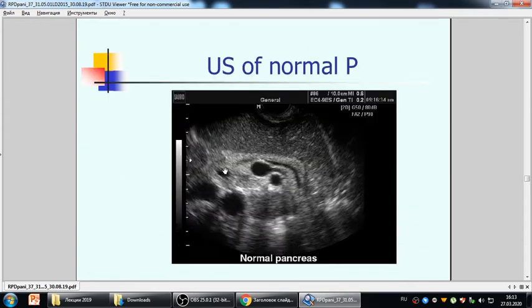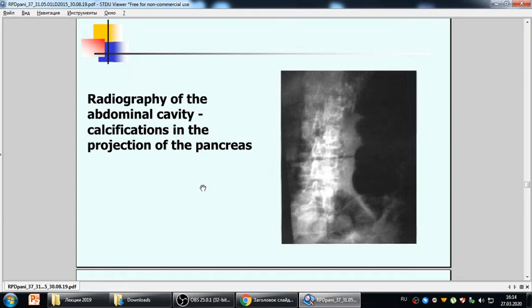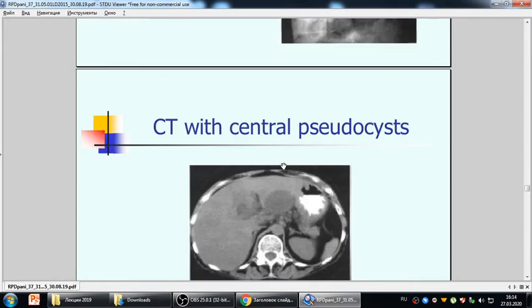Here is a normal pancreas, which is seen in ultrasound investigation, and here is radiography of the abdominal cavity by plain X-ray. Normally on plain X-ray there is no visible pancreas, but here, because of calcification, it becomes visible.